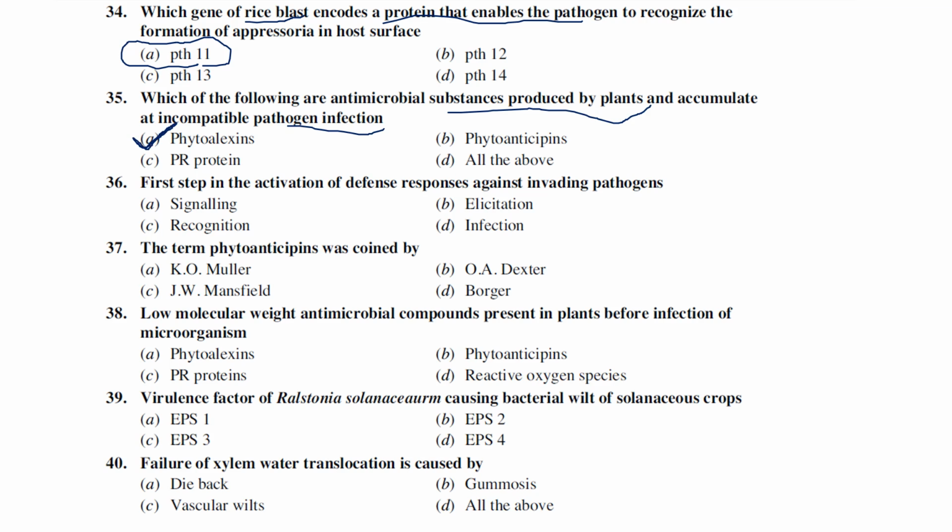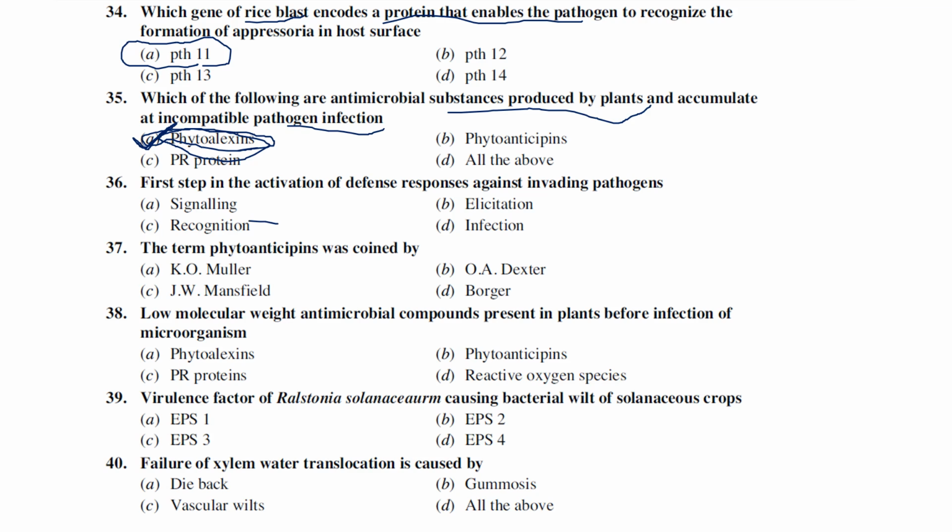In the incompatible reaction, to protect the host from further spread or invasion of the infection, they produce phytoalexins. Various kinds of phytoalexins are there, but the first discovered phytoalexin is pisatin, which is produced by the pea. Next: the first step of activation of defense responses against the invading pathogen: signaling, elicitation, recognition, infection.